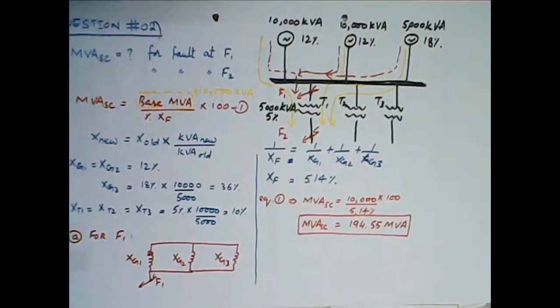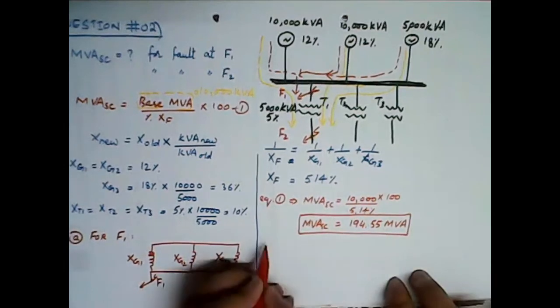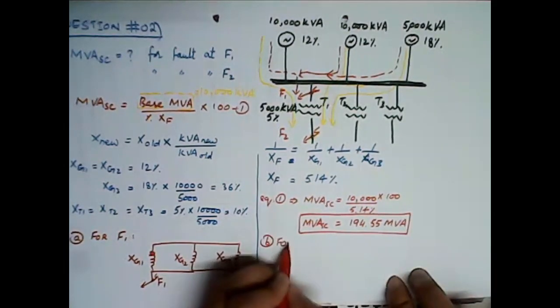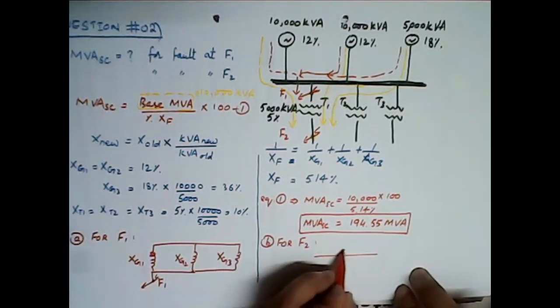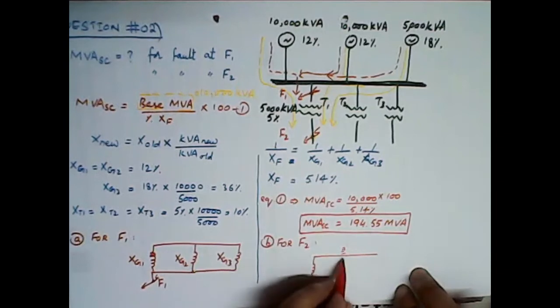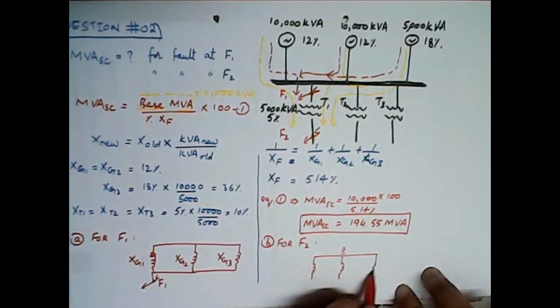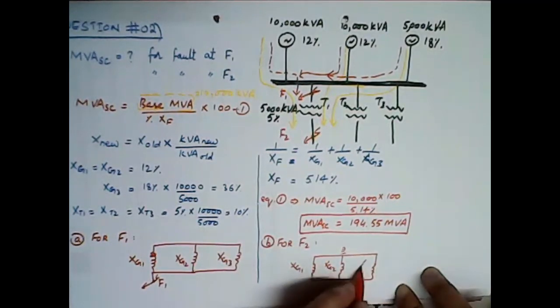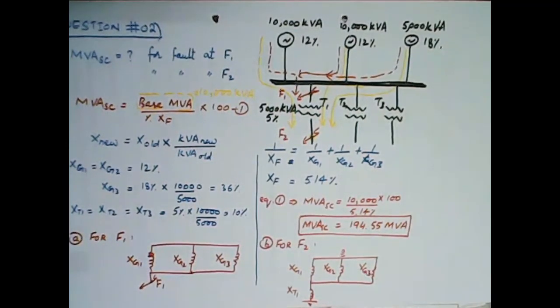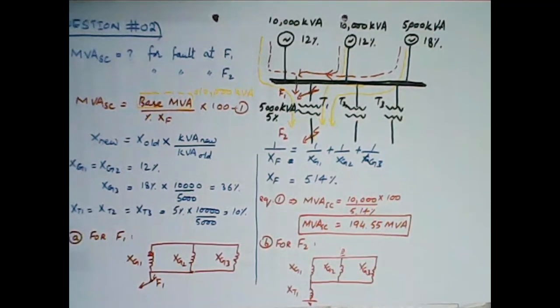So in this scenario, the equivalent circuit would be of this shape: F2, this is, let's call it, the ground, Xg1, Xg2, Xg3, right? And then we will have Xt1 only, no T2 and T3, because in case of a fault at F2 there will be no current through these.